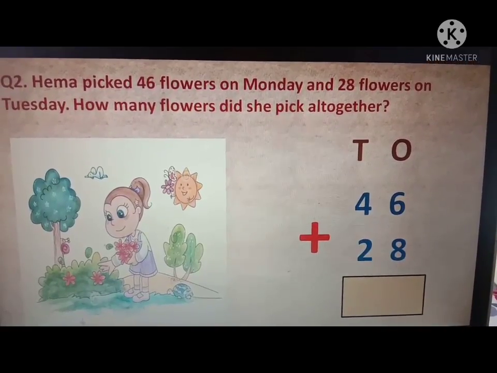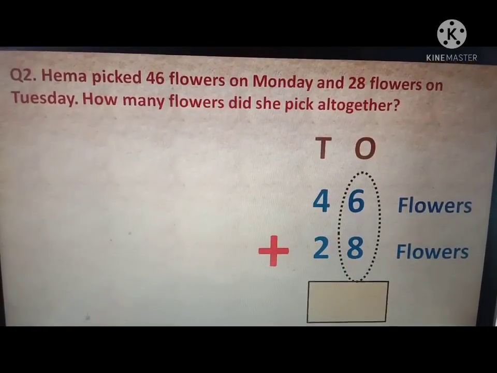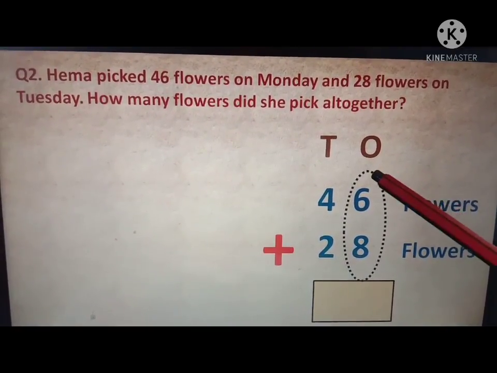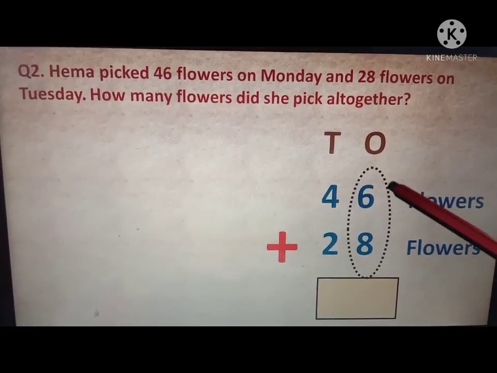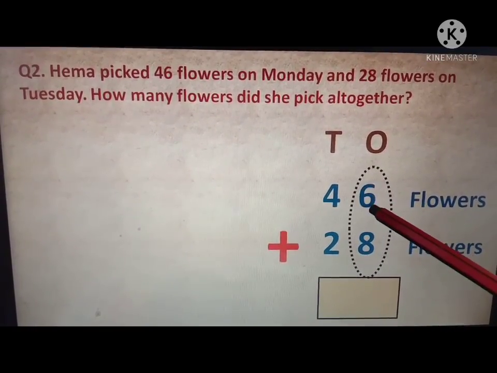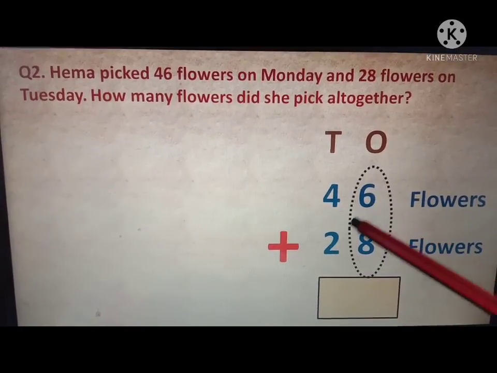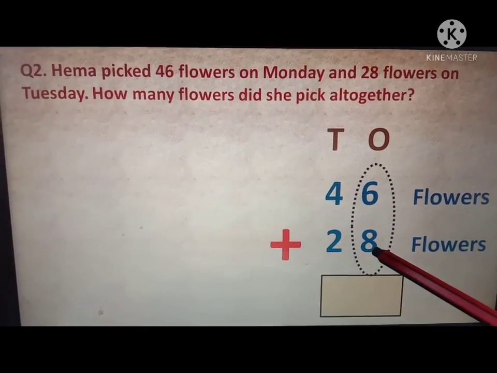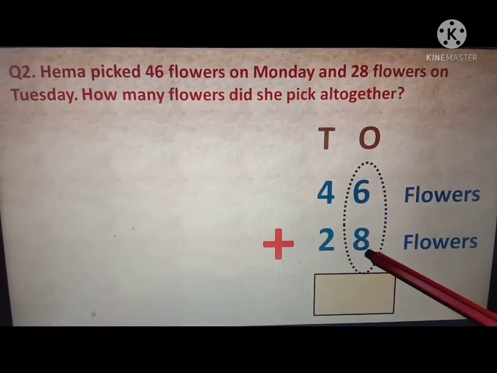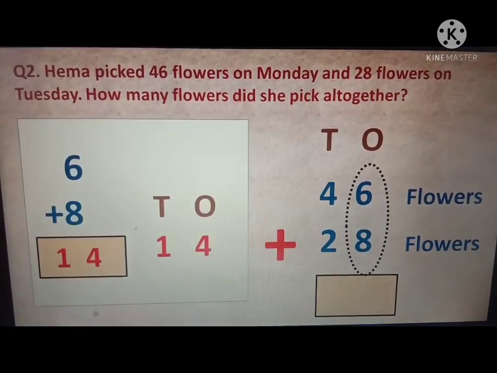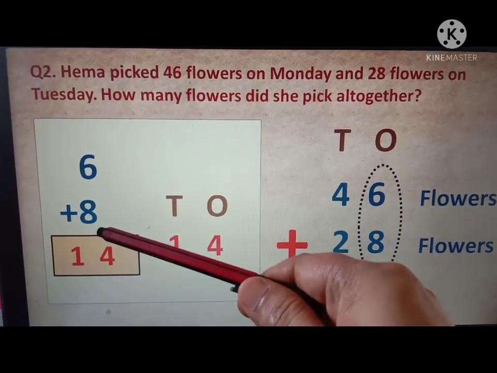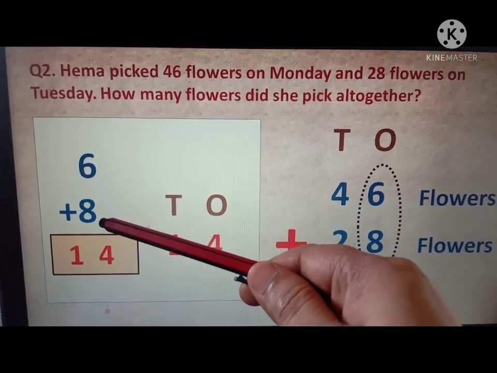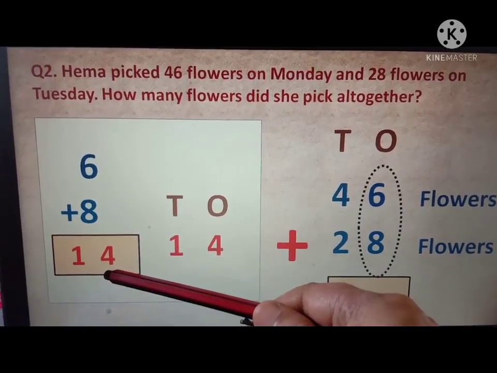So what is the first step of addition? First step is to add all the digits that are given at ones place. Here in 46, 6 is at the ones place. In 28, 8 is at the ones place. So here we are adding 6 plus 8, and when we add 6 with 8, we will get 14.